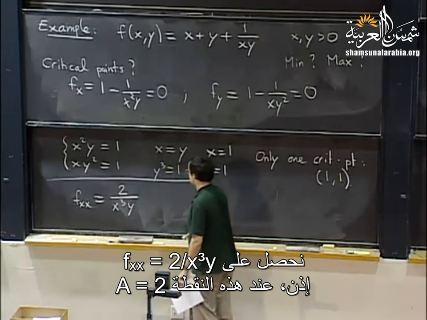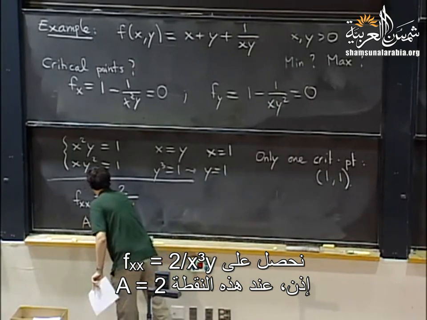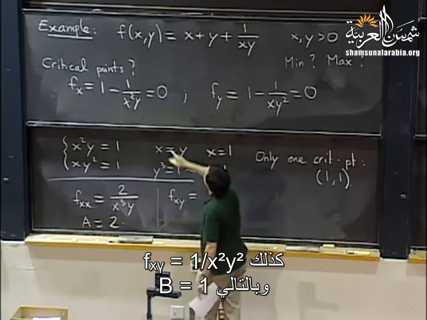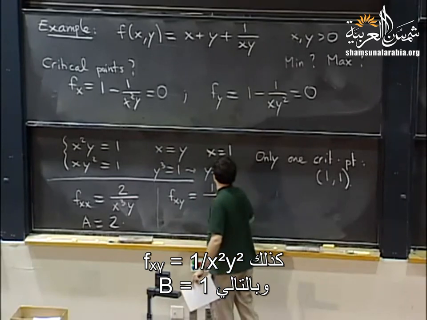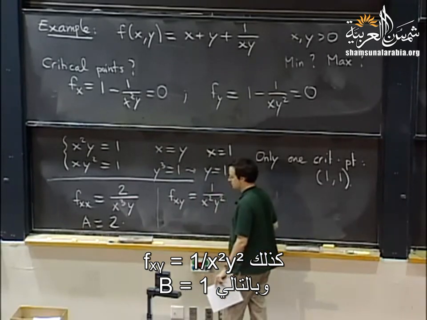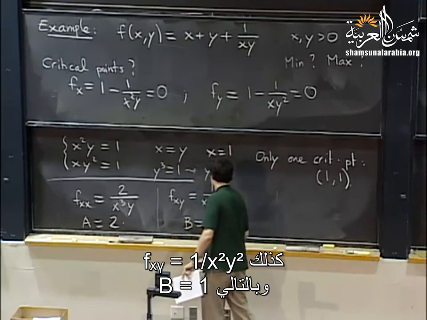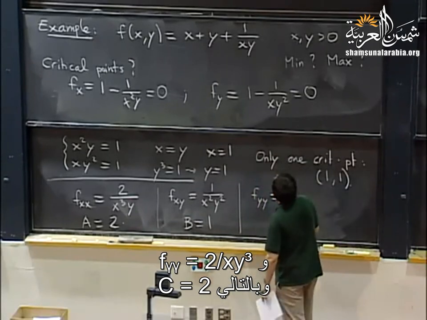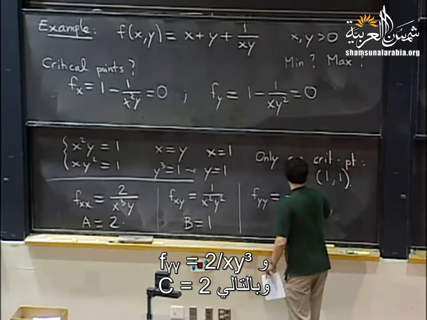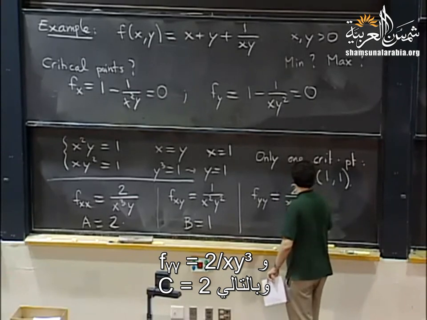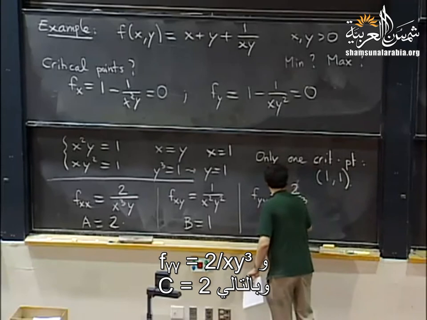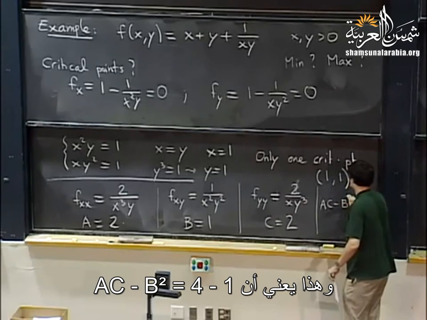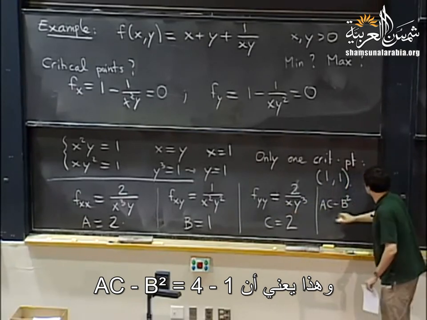So at our point, a will be 2. f sub xy will be 1 over x squared y squared. So b will be 1. And f sub yy is going to be 2 over x y cubed. So c will be 2.